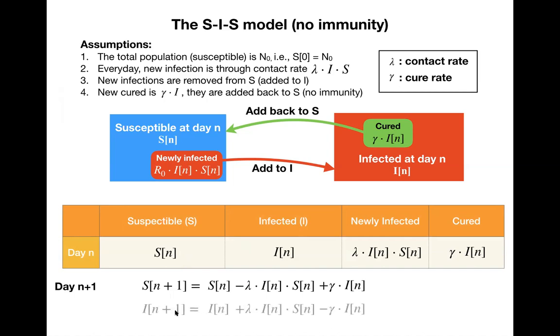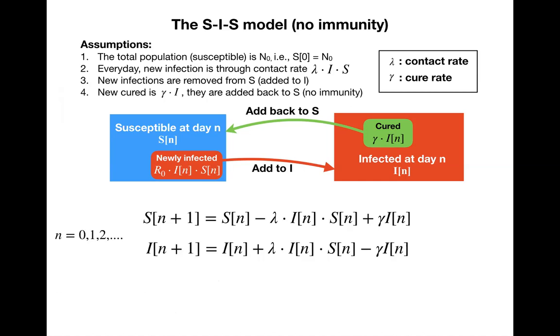And for I, it's the opposite: that's the increase in the number of infections, and that's the decrease due to cure. If we write this relationship as a recursive mathematical equation, that's what the SIS model looks like.